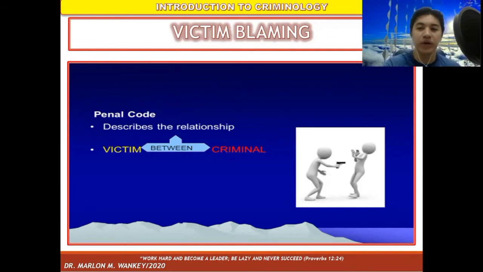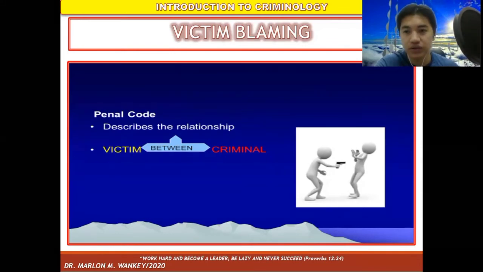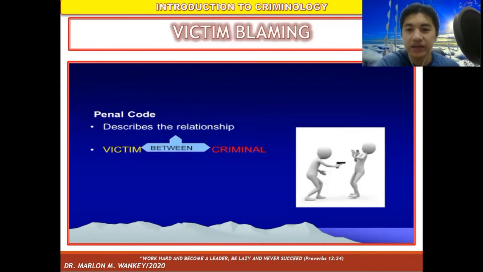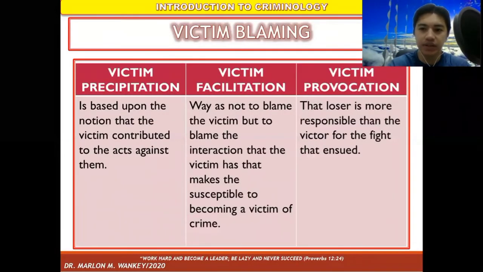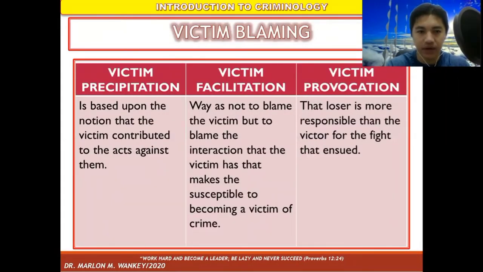So that is what you're going to know. Because we have to determine the causes, factors and motives behind the crime. If we are able to get the relationship between the two, it may help the investigator to reconstruct and determine what exactly happened. So, what is the distinction between victim precipitation, victim facilitation, victim provocation?